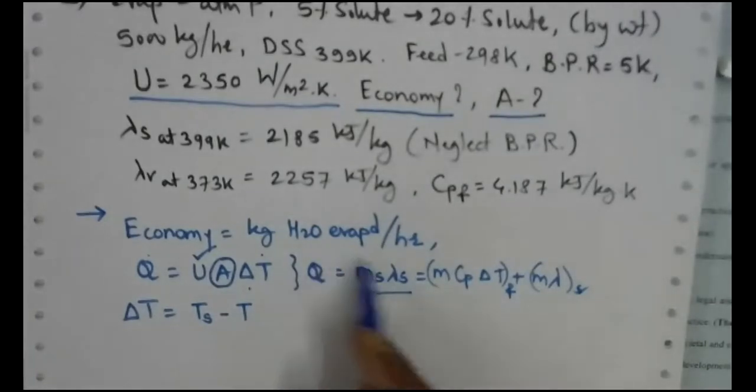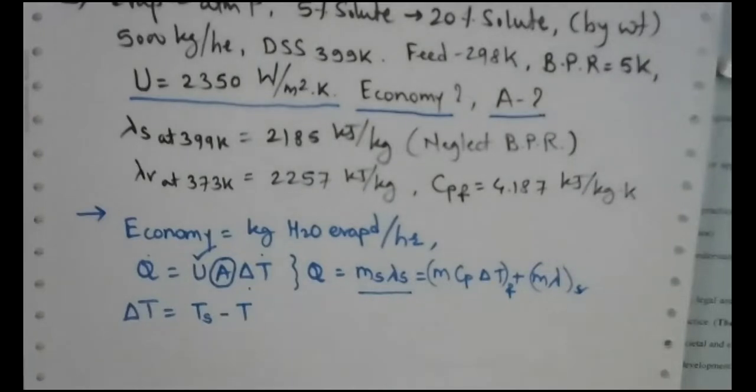And for this kg of water evaporated per hour, that is for economy, we have to use again the overall material balance and individual material balance, right? As we have done in the previous numerical.